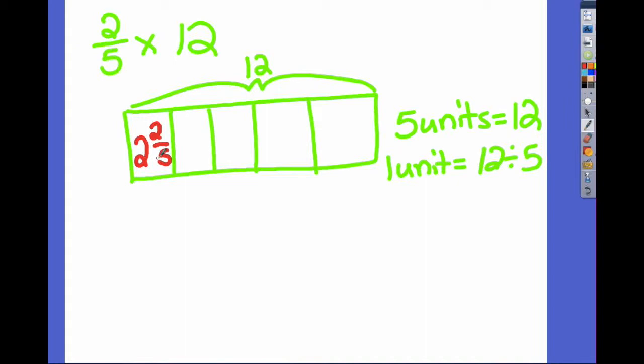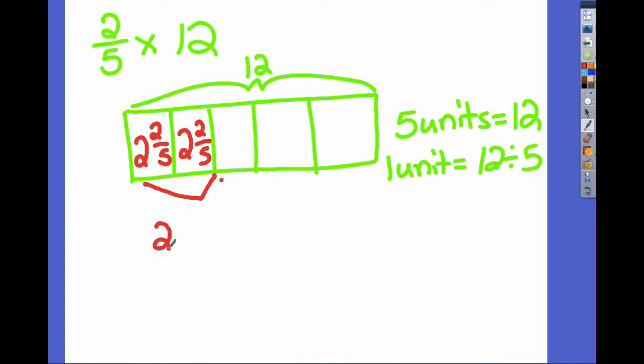But I want to know how much 2/5 times 12 equals. Well, this is 1/5. So how am I going to figure out what 2/5 equals? You could add 2 and 2/5 plus 2 and 2/5, because this right here is the same as 2/5, right?